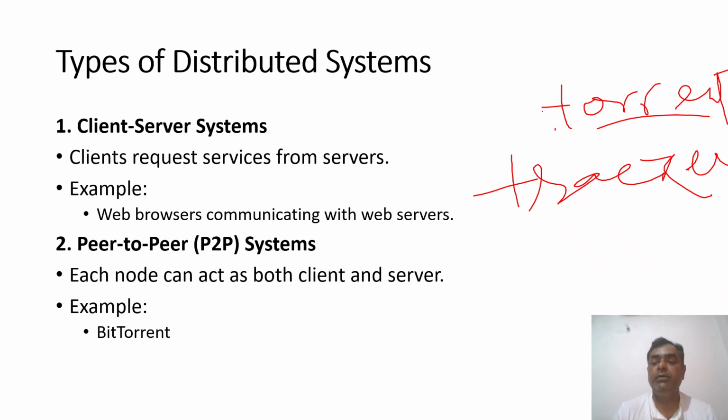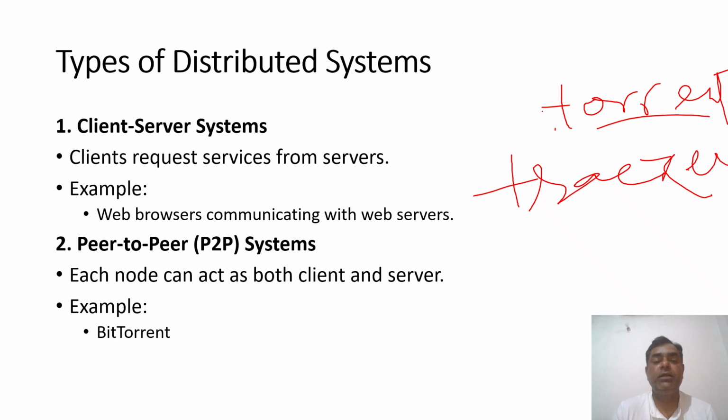What is a tracker? When there is a request from the client to get some file in BitTorrent, that request first goes to the tracker. When you talk about BitTorrent, this is a hybrid architecture. This tracker maintains some metadata. The server that maintains the metadata is the tracker.